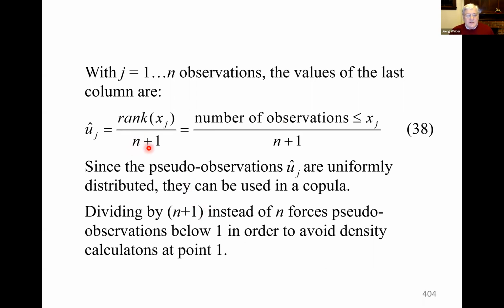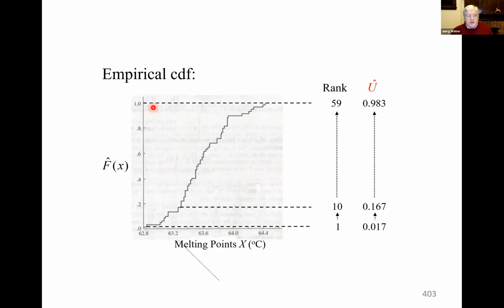And you divide this by n plus 1. Now, since those pseudo observations, those U's here, are uniformly distributed, we can actually use those values in the copula. So those values here we can put into the copula.